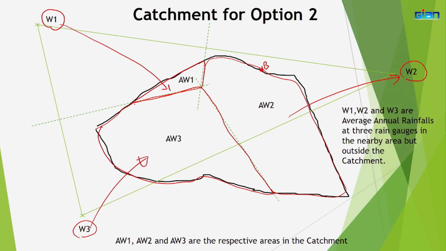Now, I can calculate what the area here is. Area calculation of a catchment area is not difficult. Even if you go to Google Maps and give the boundary, it will calculate the area for you. There are software tools you can use for catchment area calculation, you just have to give the boundary, and there are calculators that give you how many square kilometers.